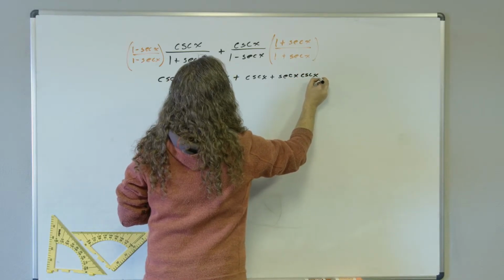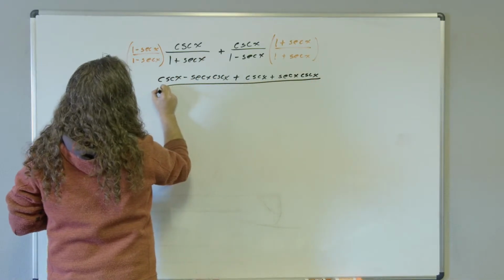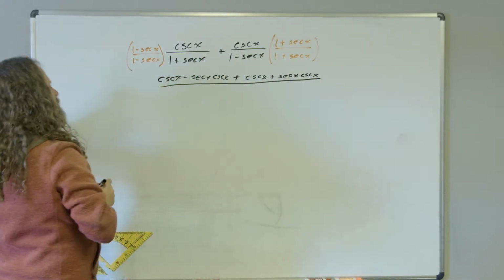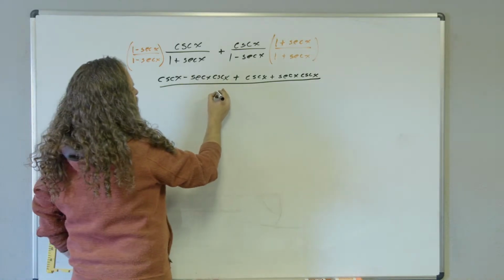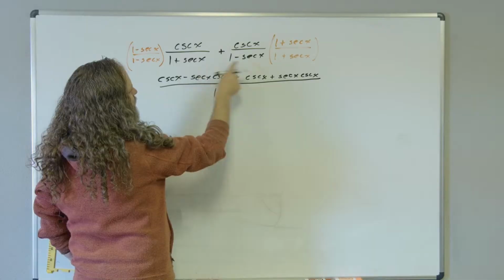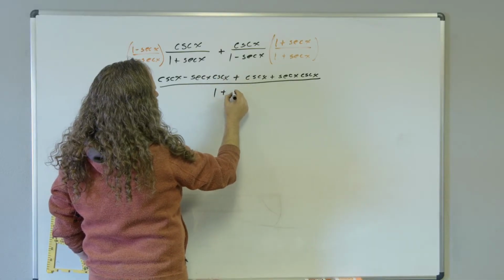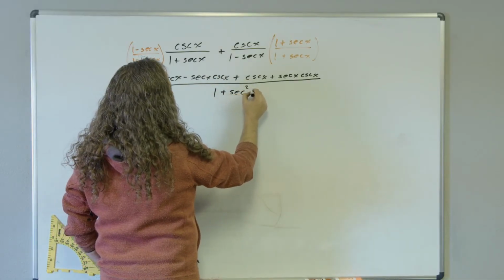In the denominator, we just have to do the first and the last, right? 1 times 1 is 1. And then secant times secant is secant squared. So plus secant squared x.